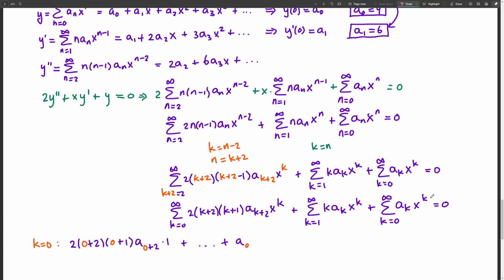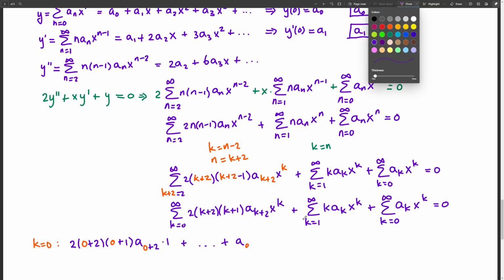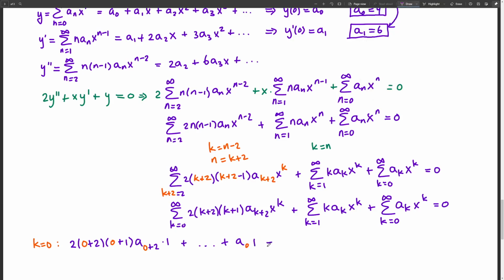Because again, x to the power 0 will be 1. And that should still be equal to 0, because if I let x be equal to 0, all the other terms disappear. So this needs to be equal to 0.